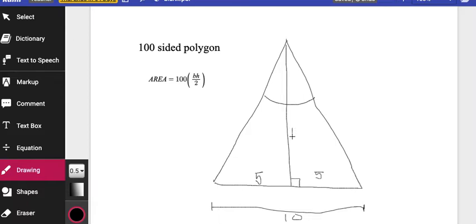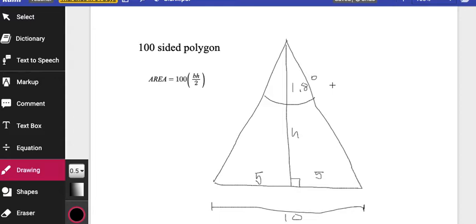And again, I'm wanting to find this height. It's also going to break that 3.6 degree angle into 2 equal parts, which is going to be 1.8 degrees. So this angle right here is 1.8 degrees. All right, so now I have it set up. I already know my base.